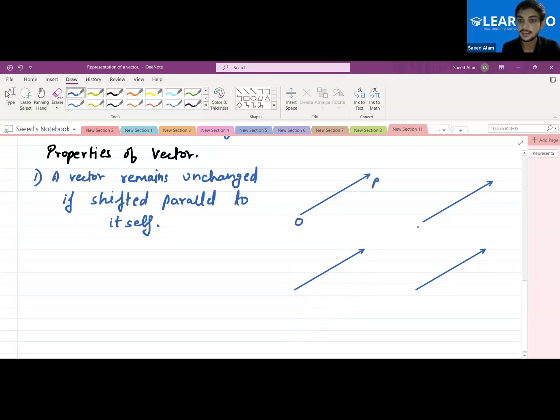So we can say the vector remains unchanged even after shifting it like this. This is one of the properties that we used to see, that vector remains unchanged even after the shifting of the vector.